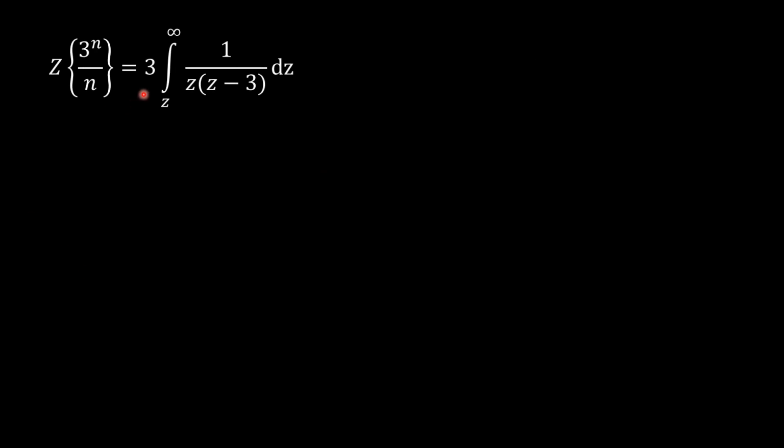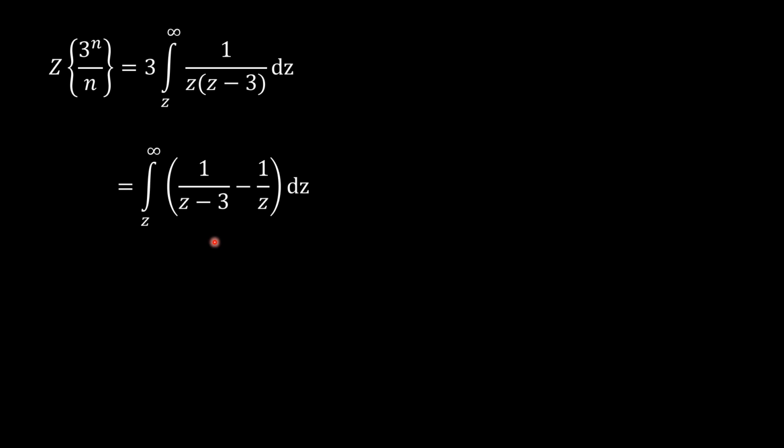We can take 3 outside, and z inverse can be written as 1 upon z, so our integrand is now 1 upon z into z minus 3. To simplify this integration, we obtain partial fractions, and they are 1 upon z minus 3 minus 1 upon z. That 3 got cancelled. So we are left with this term only.